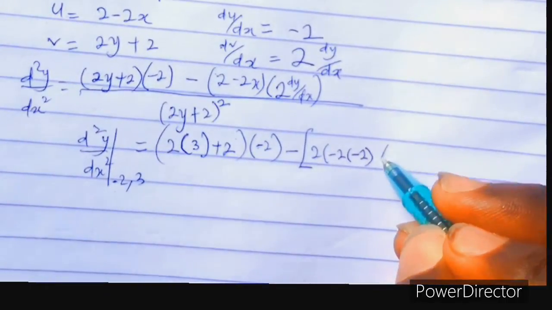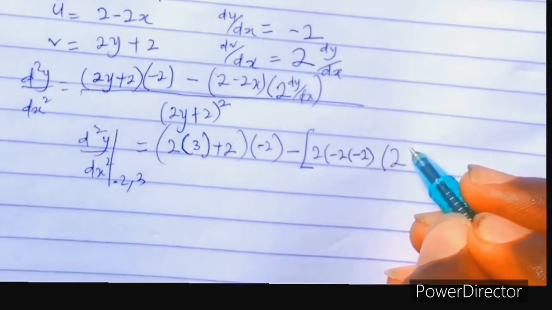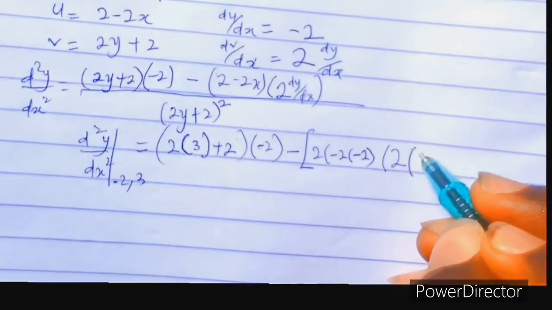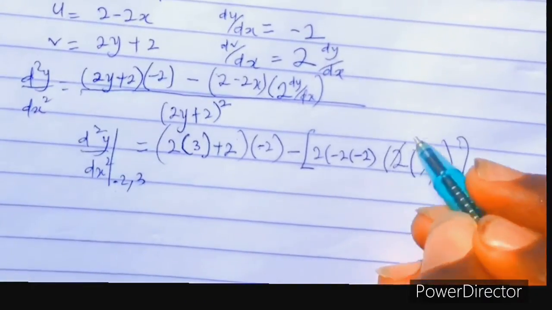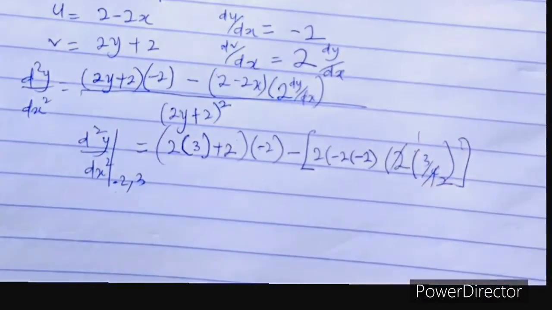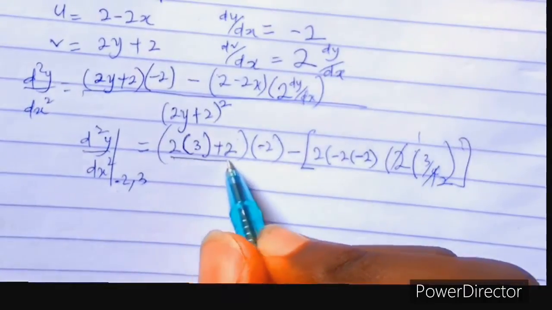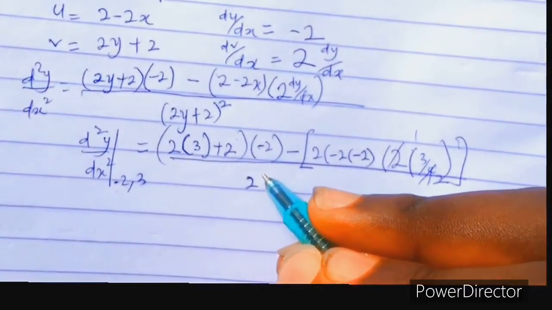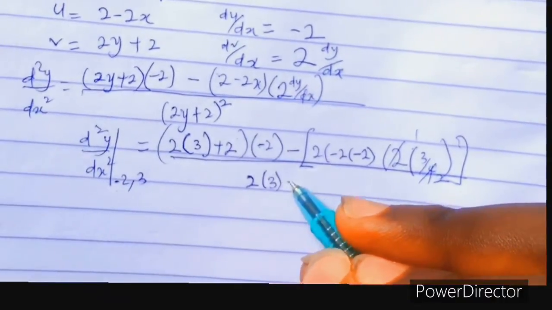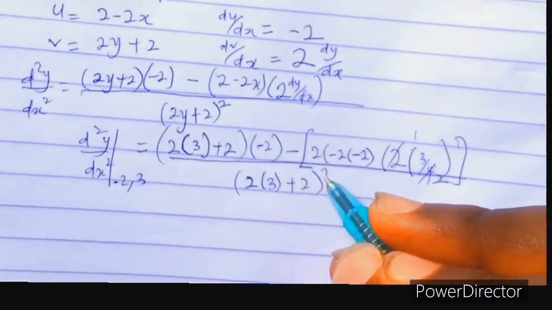X is -2, and 2 dy/dx. Our dy/dx is 3 over 4, so we can simply say that 2 here 1, 2 here 2. Now everything all over 2(3 + 2) all squared.